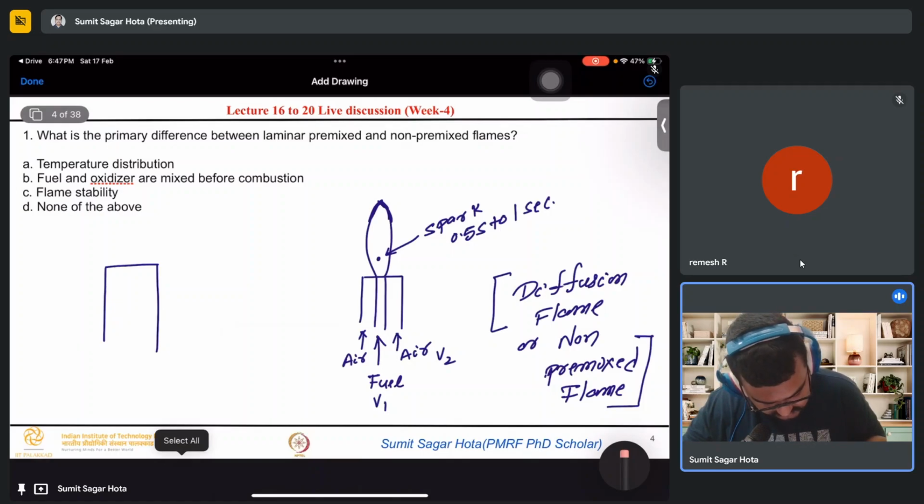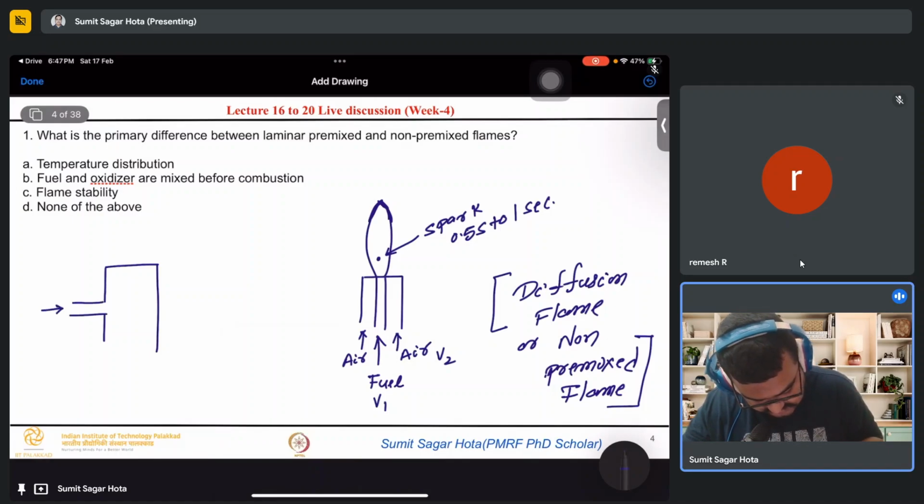One more type you can expect is that here the air supply is there, and here the fuel supply is there. It's a kind of burner.